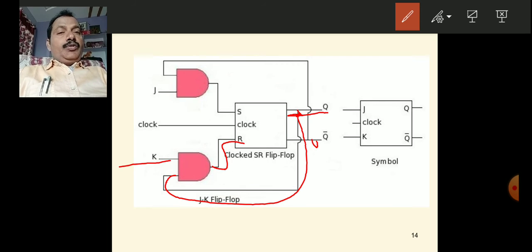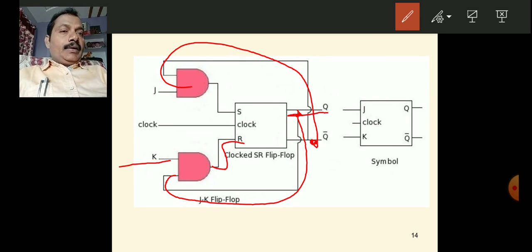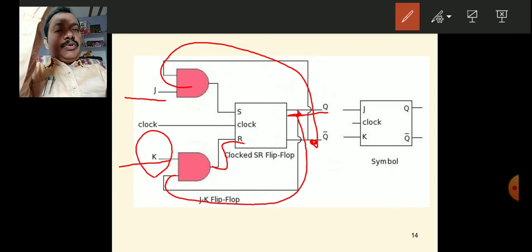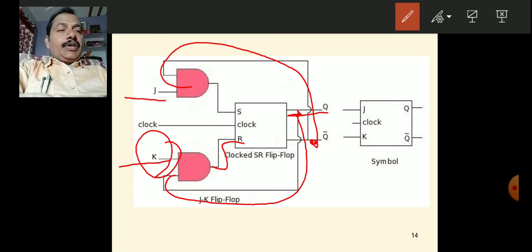Similarly, the Q bar output is fed back to the input of the AND gate, and the J input is there, and finally that AND gate output is connected to S. So in short, you can call it a JK flip flop, with J and K inputs.